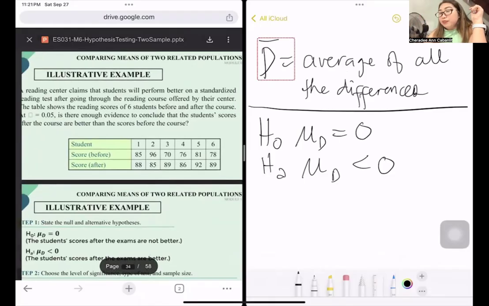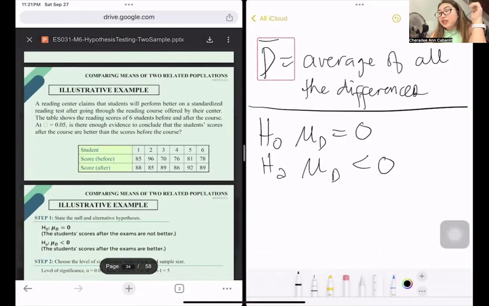Okay? Because based on the statement, is there enough evidence to conclude that the student scores after the course are better than the scores before the course? So meaning to say, they learned something from the course because their scores are higher.